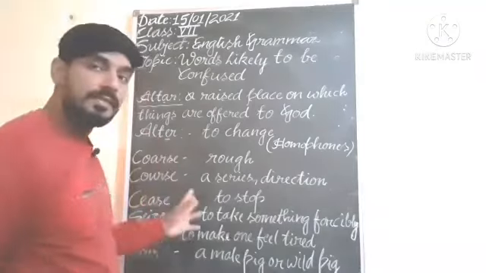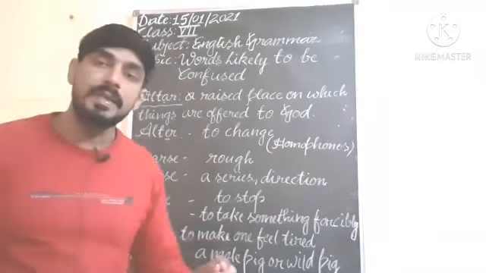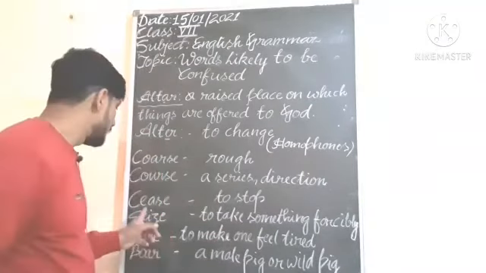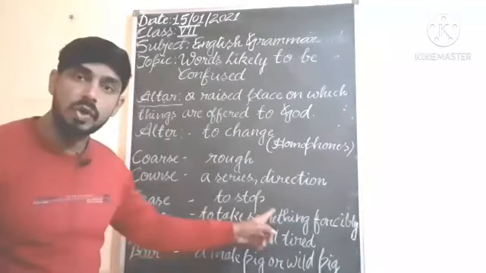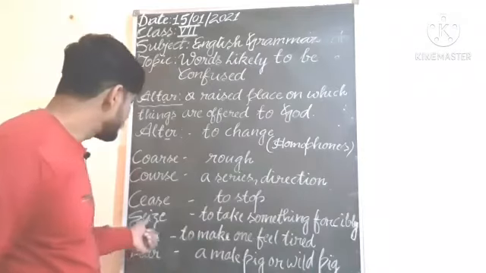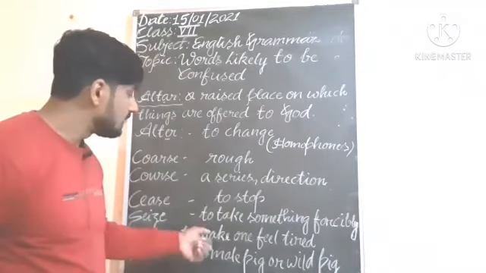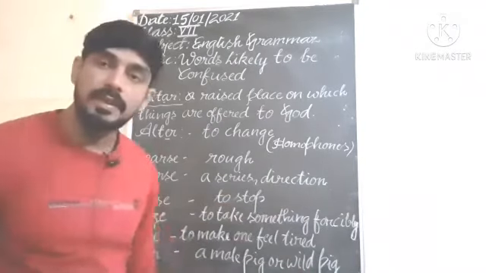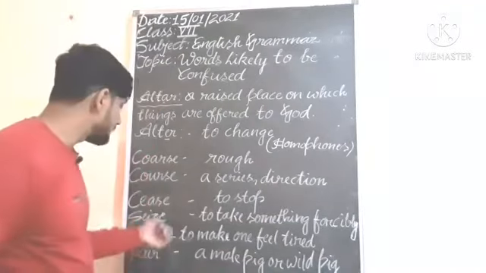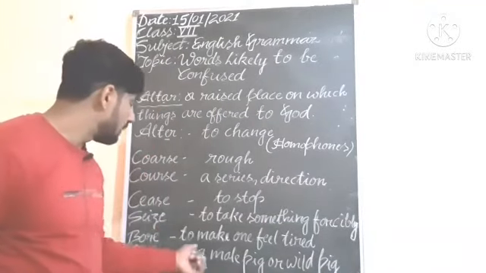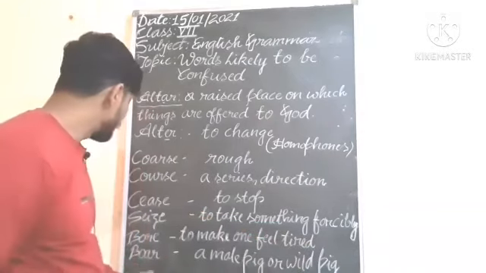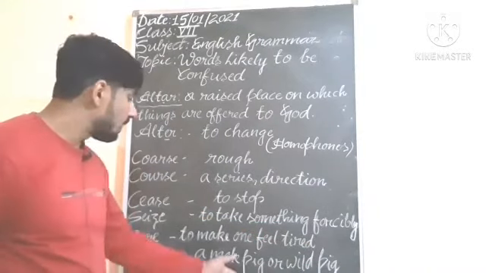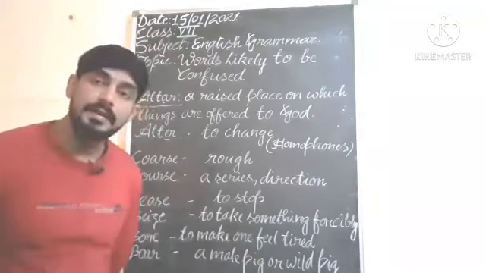The next word is cease, CEASE means to stop, and the next word is SEIZE, seize means to take something forcibly. So you are getting different spellings. BORE, bore, to make one feel tired, and the next one is BOAR, a male pig or wild pig.